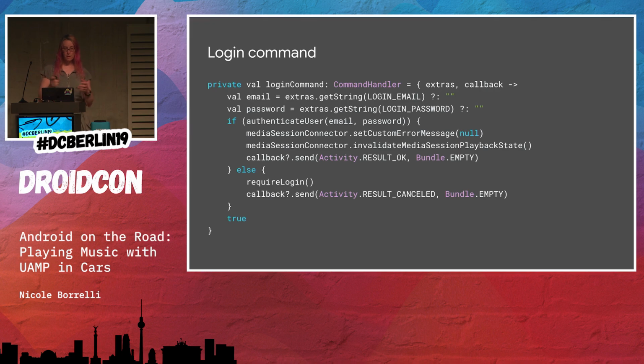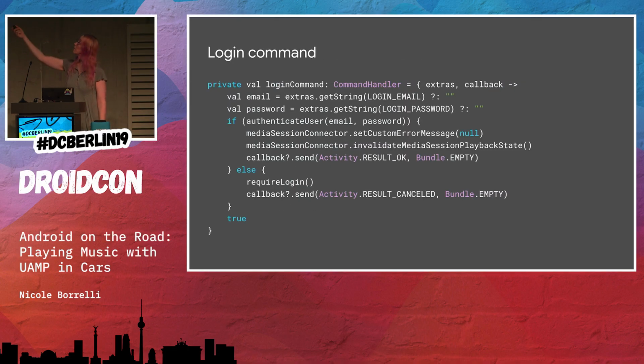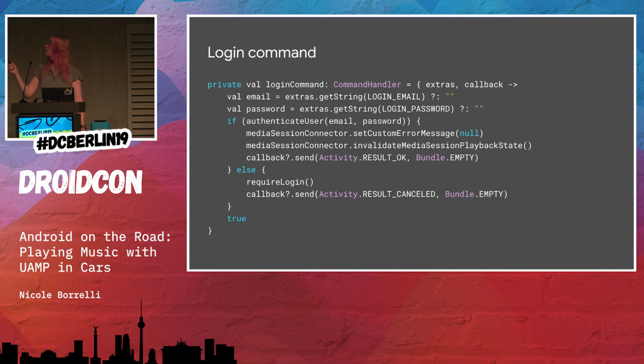We do our login. If you have to do server authentication, you could probably end up using a coroutine, making this a suspend function, and then calling launch here, which is really helpful because the callback will wait for you.